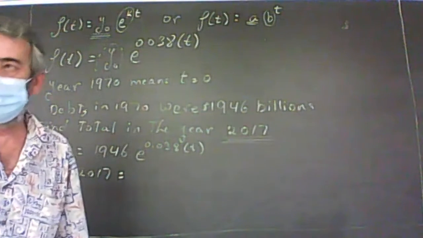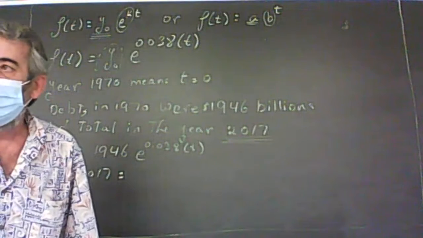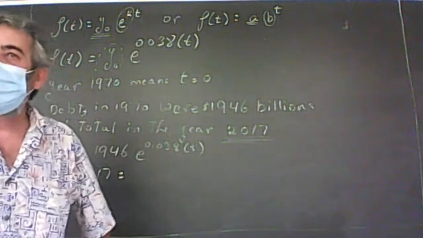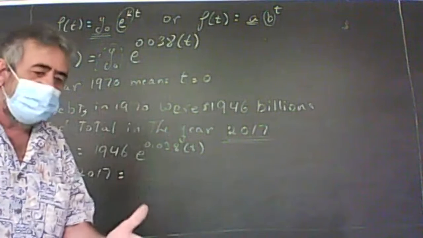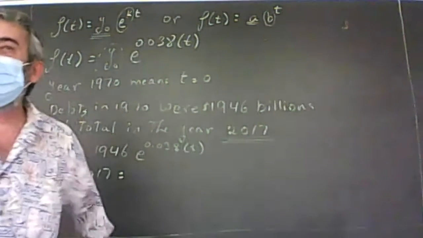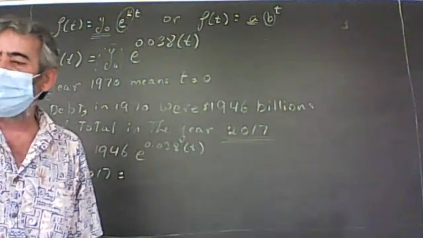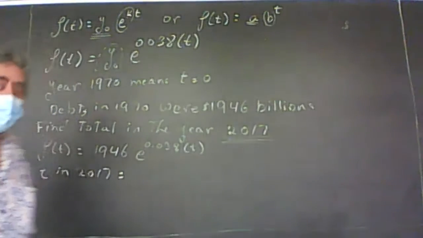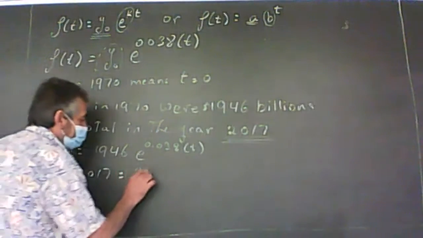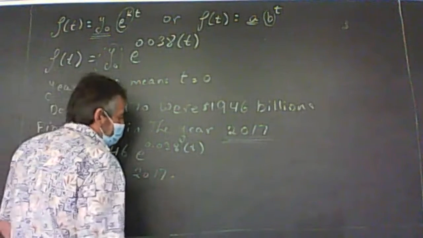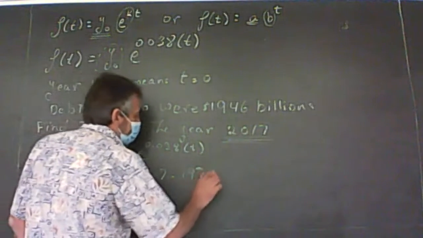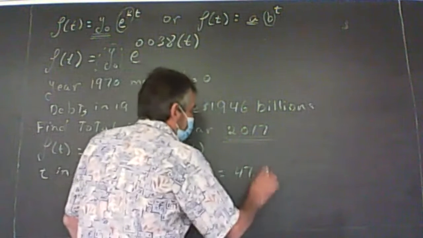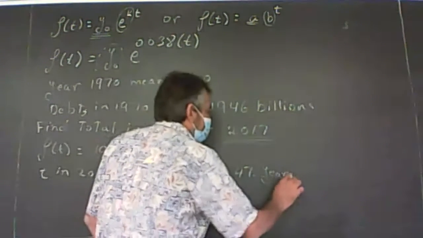So when did we start counting? 1970. So I need to know how many years passed from 1970 till 2017. We can just simply subtract them, right? So that's going to be 2017 minus 1970, and that should give me 47 years.